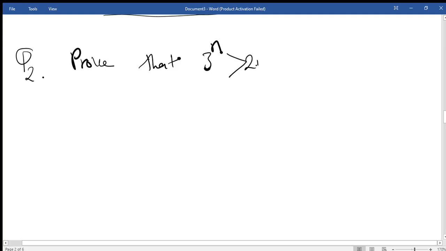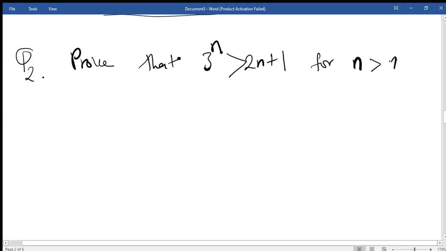The second question says, we are going to prove that 3 power n is greater than 2n plus 1 for n greater than 1.